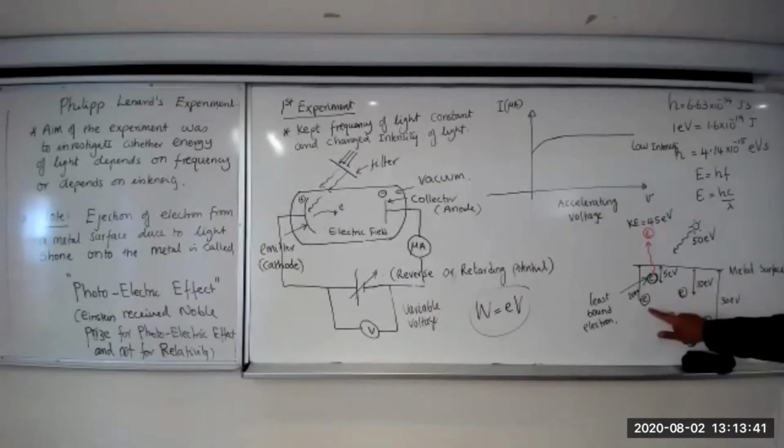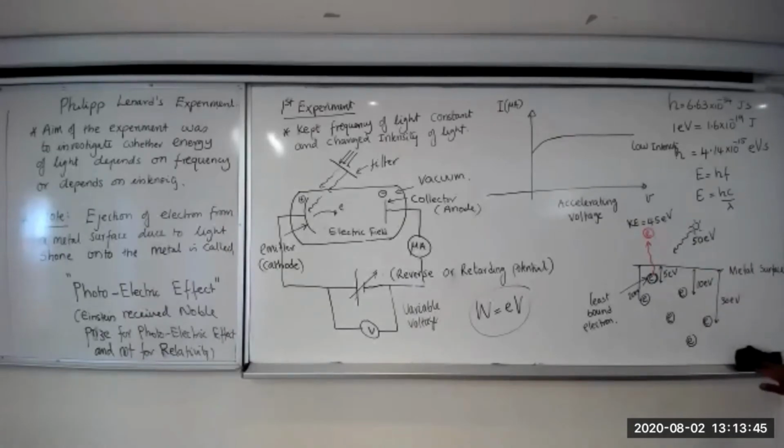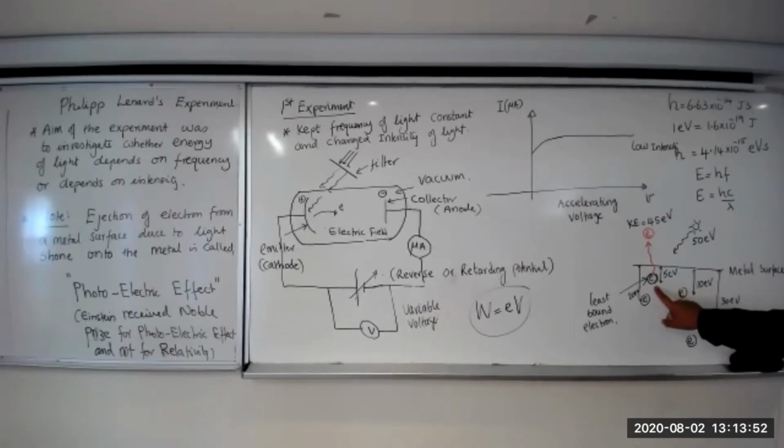Electrons are buried at different levels from the metal surface. Some electrons need more energy to come out. We are interested in this guy, the least bound electron, because that's the electron that needs the least amount of energy to come out.